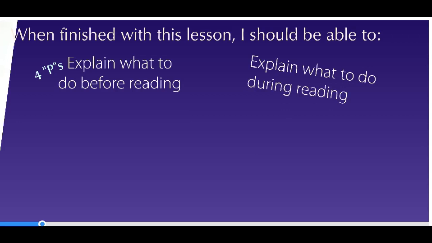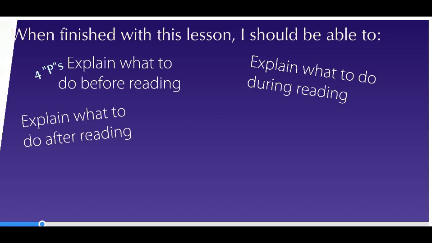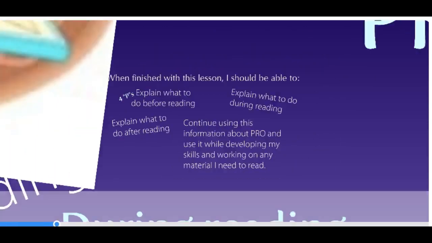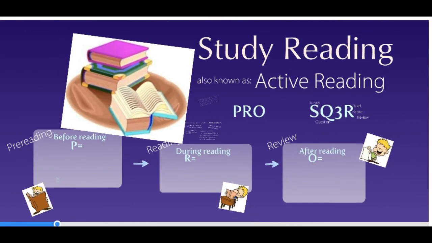You should be able to explain what to do during reading. That's the R. And what to do after reading. And more importantly, you should be practicing these things while you continue to work on your reading skills. Later we will add a V and an E to that PRO, and you'll prove it to me. Let's get started with the PRO.